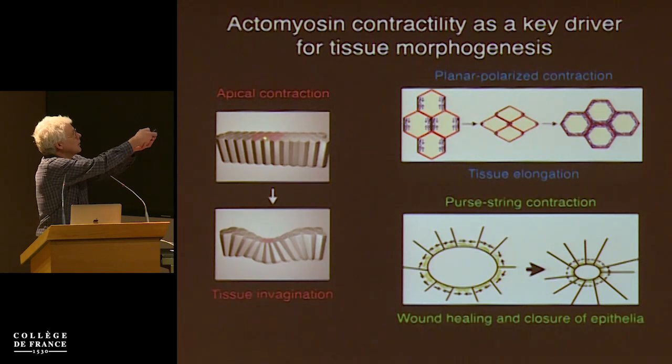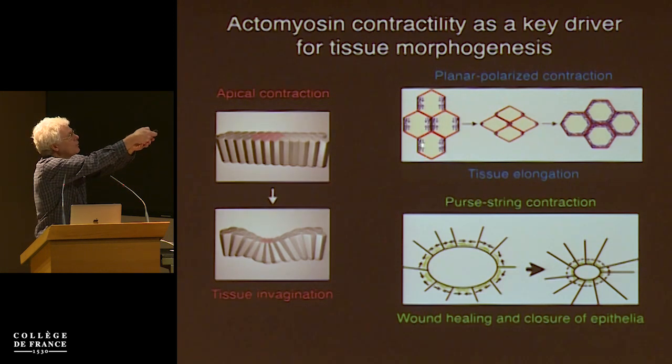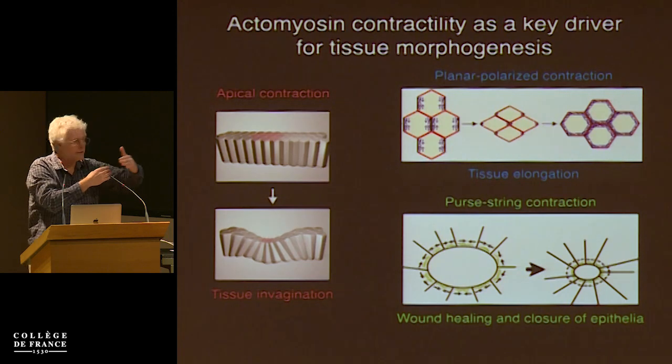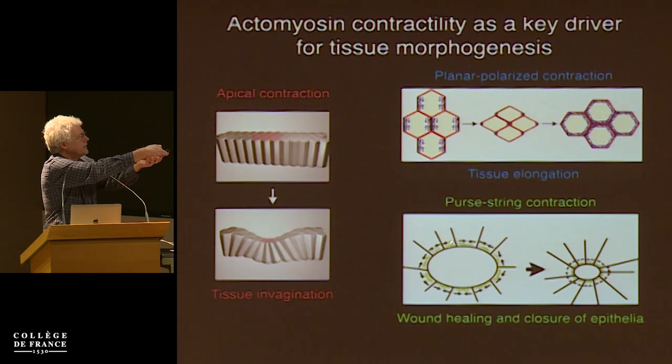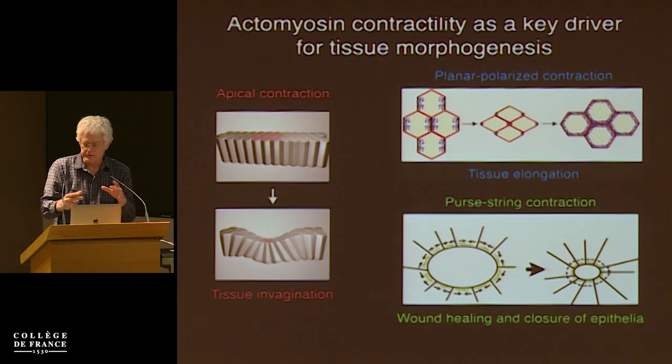For example, activating actomyosin contractility at the apical surface of the epithelium can drive bending, or planar polarized activation of myosin at cell contacts can drive polarized cell intercalation and tissue elongation, or activation of myosin contractility at tissue boundaries can drive tissue closure during wound healing or during development.